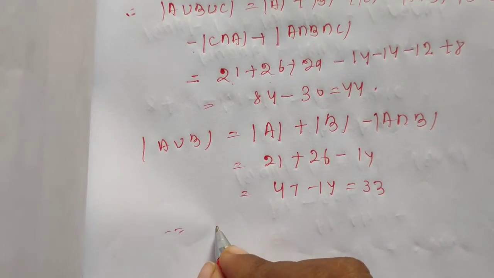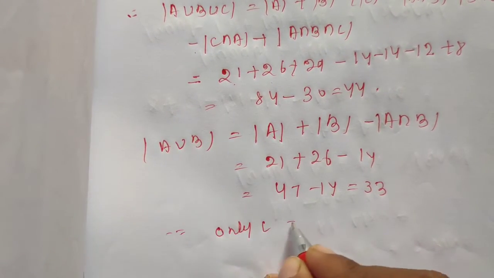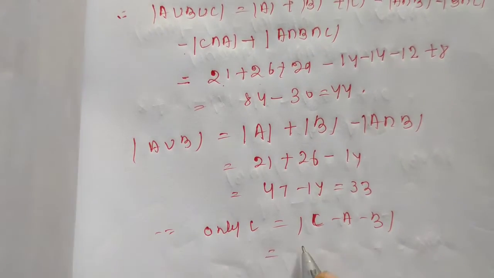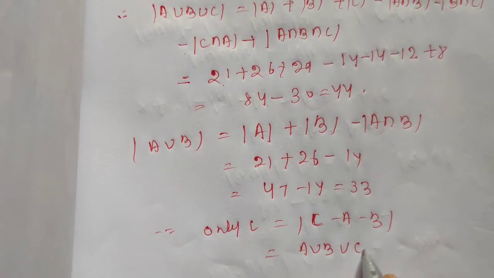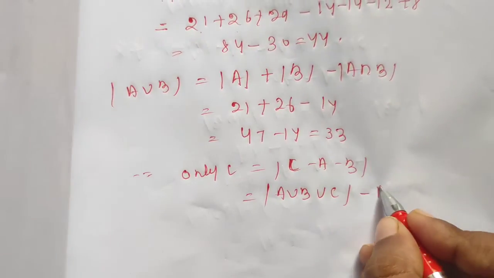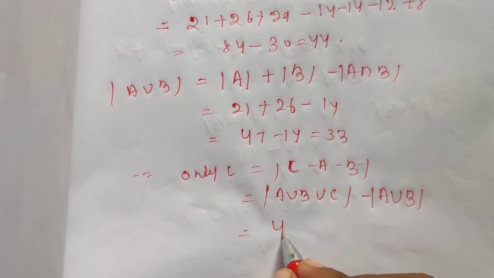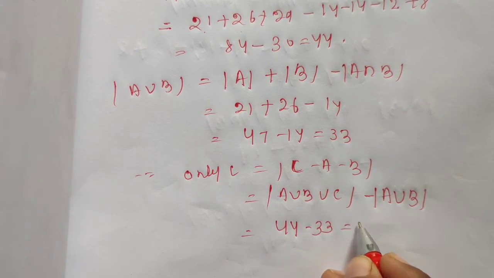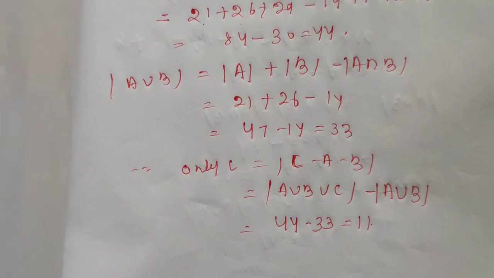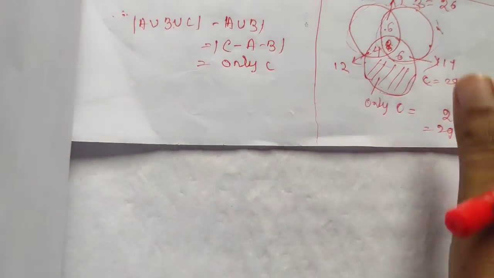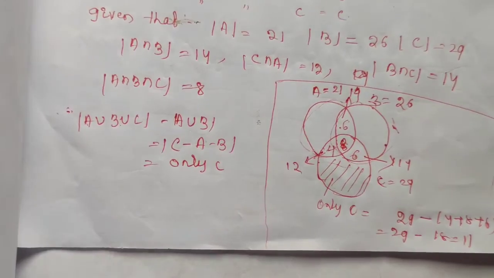Hence we know that only C, meaning C minus A minus B, is equal to |A union B union C| minus |A union B|, which is 44 minus 33 is equal to 11. Hence 11 people like product C only. Look, that was also 11.